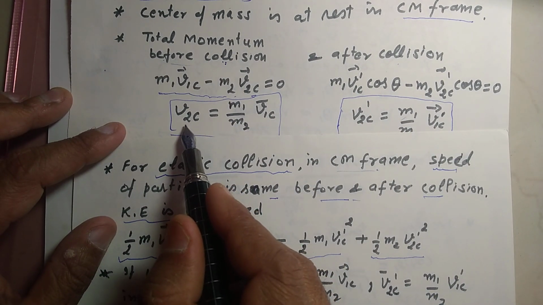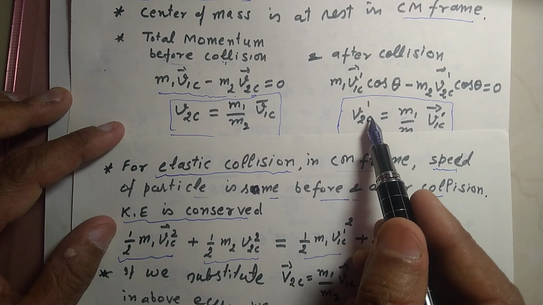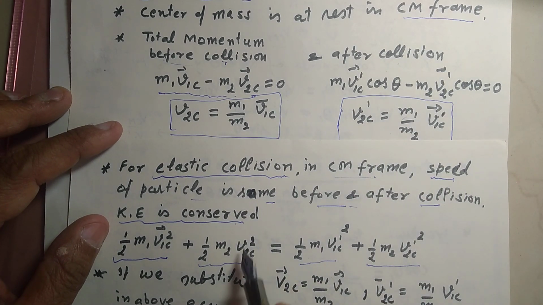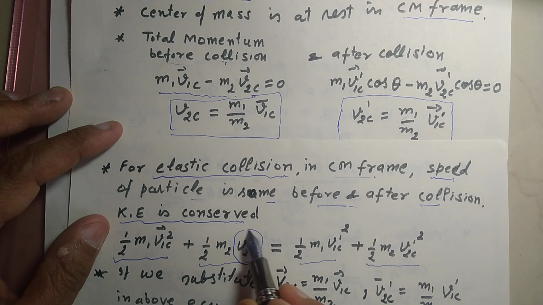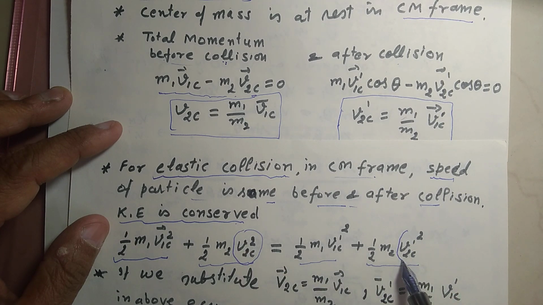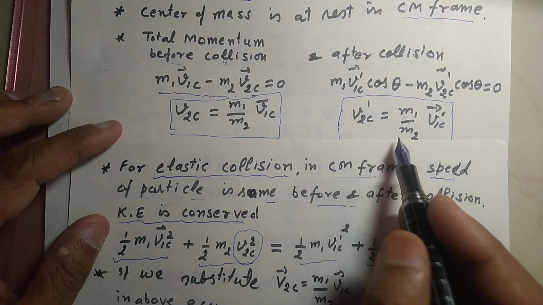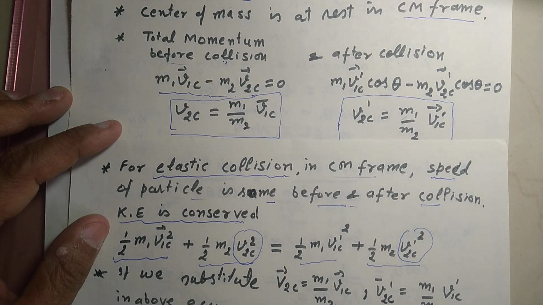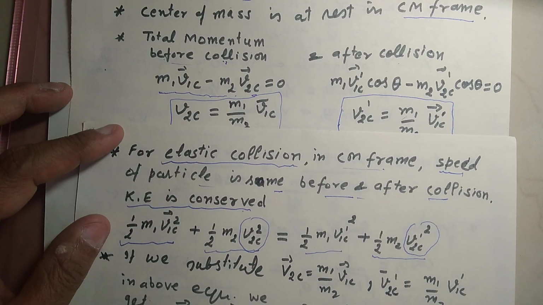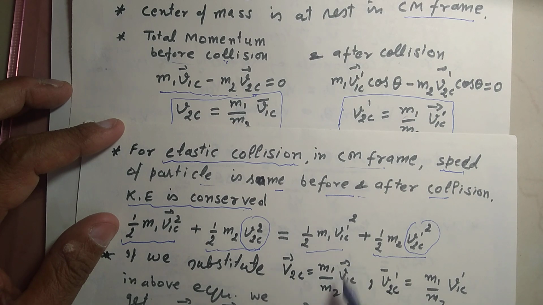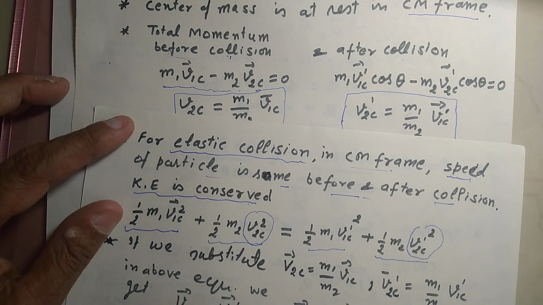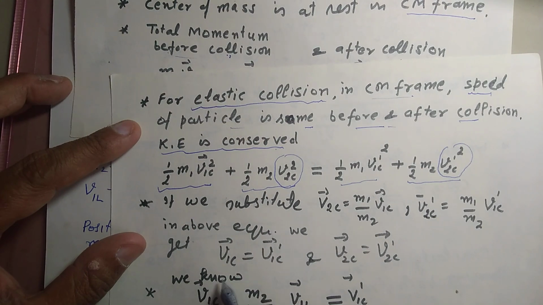So here we can substitute the values of v2c and v2c prime from these two expressions. If we substitute here, we get these values. v1c comes out to be equal to v1c prime, and v2c comes out to be v2c prime.